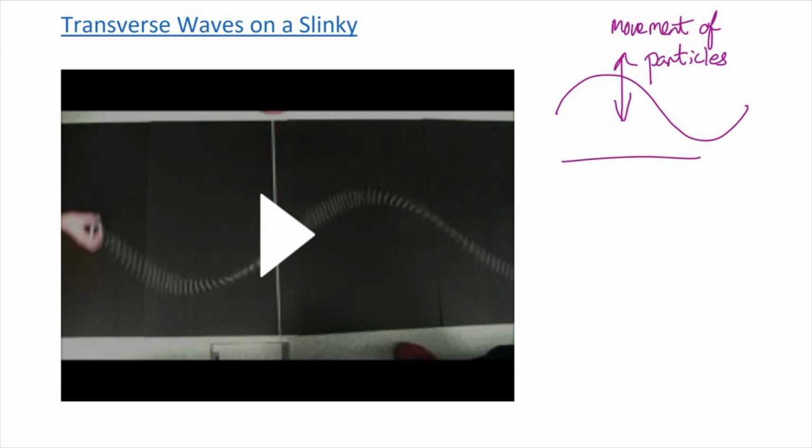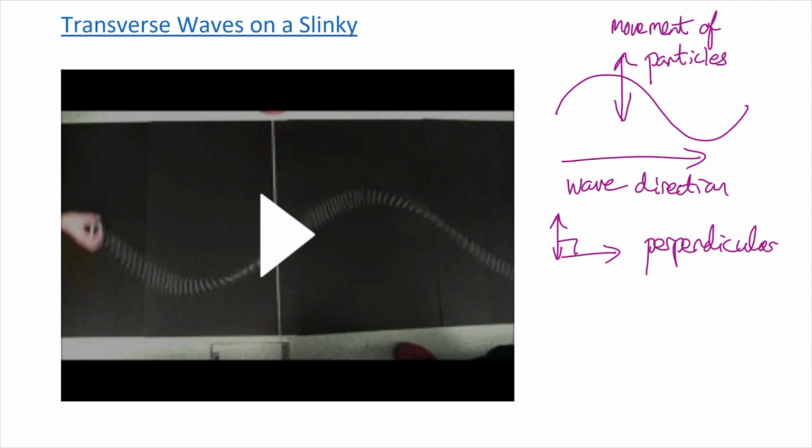And the wave direction is left to right. So can you see, if the movement is that way and the wave direction is that way, then we say they are perpendicular to each other.